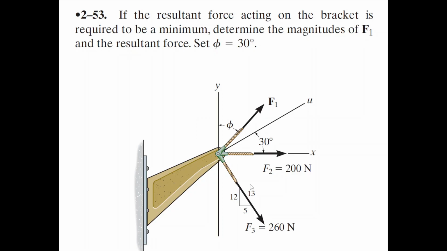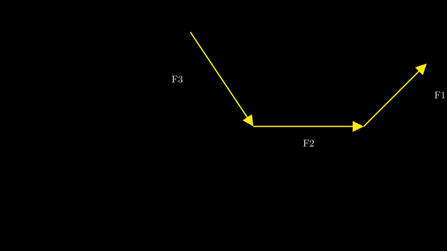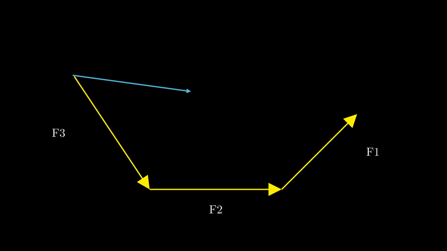If you look at the question, we have a condition. We have to find the magnitude of the F1 vector for which our resultant vector should be minimum. To understand this concept, we add all three vectors by the head to tail rule, and our resultant vector comes out this way.